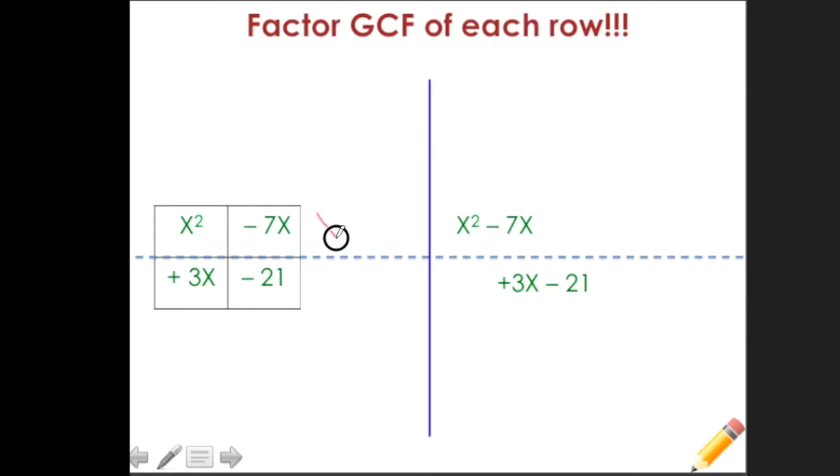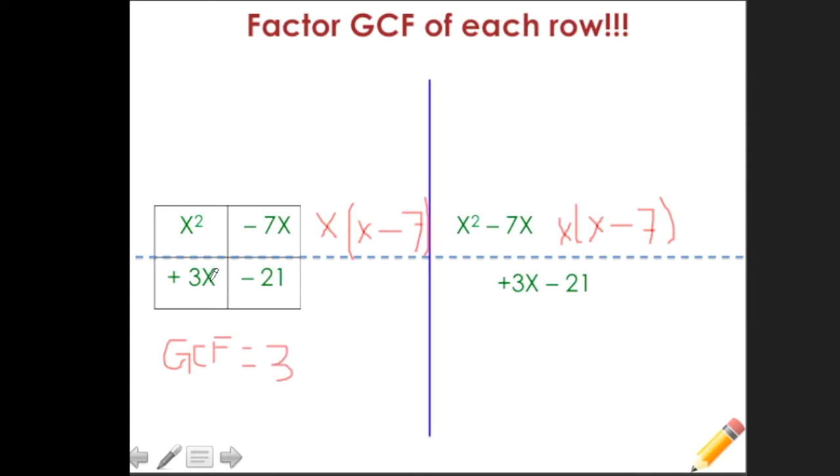Okay, so here, if we factored it out, we get x times x minus 7. That's the same thing. This is the same expression here. So we get x times x minus 7 using GCF. Okay. Now treat the second part as also a separate GCF problem, right? The GCF here is 3.